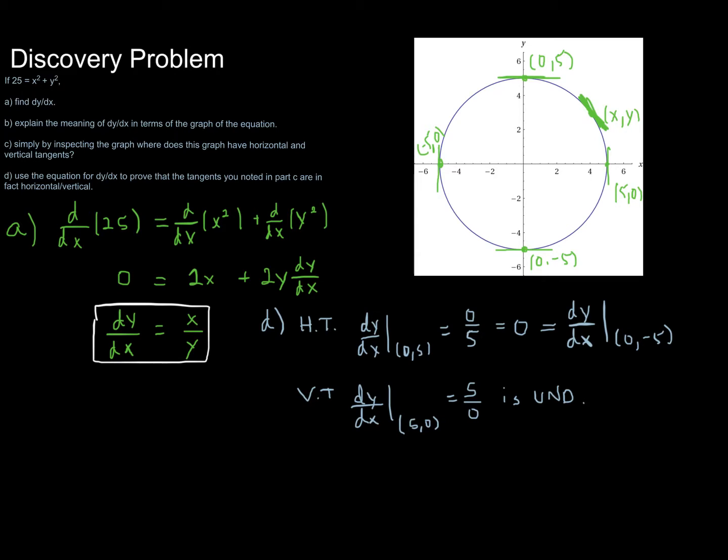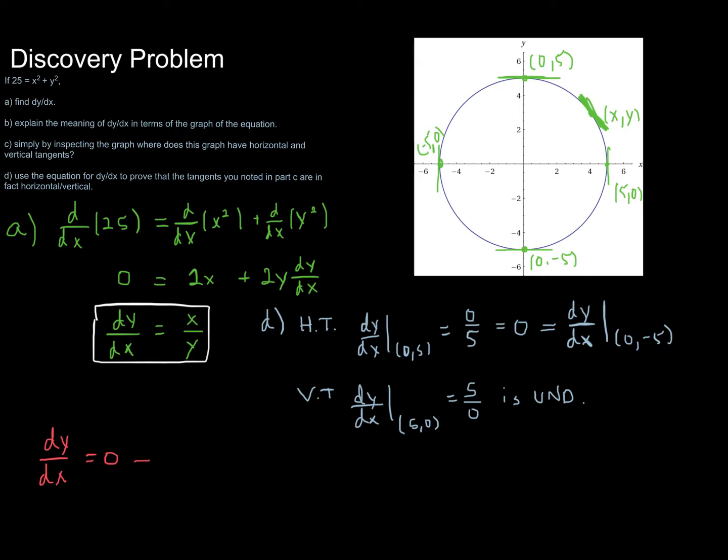So let's actually imagine we didn't have this graphical situation. Let's just say the question said, can you find all the points where your tangent will be horizontal? So if I'm trying to find all the places where my tangent is horizontal, that means that I want my derivative, dy/dx, to be equal to 0.